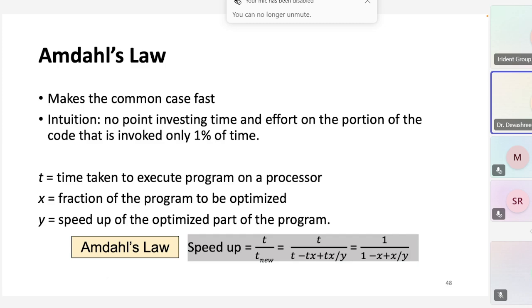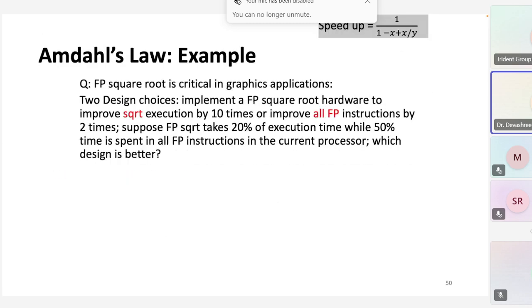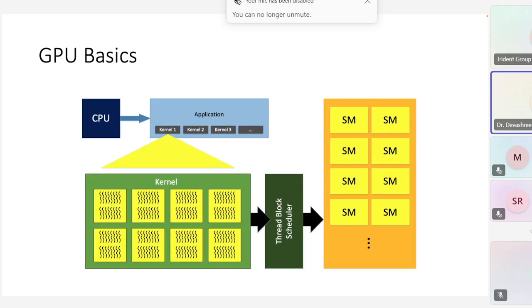So I think we can skip the details of Amdahl's law. And basically in the GPU, we have a CPU, which is the master device, and it breaks down my application into smaller kernels. And then there is a unit called the thread block scheduler, because these yellow boxes are called thread blocks.